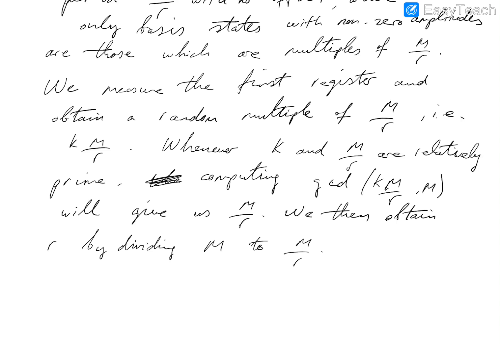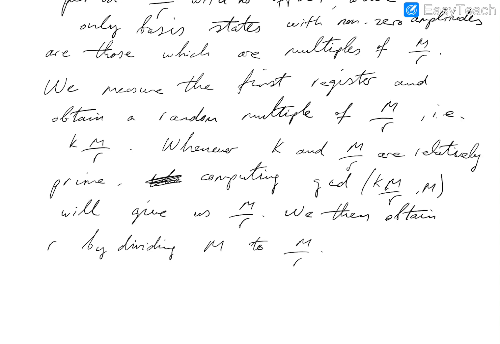All right, so this is just one repetition, one step. But we can amplify the success probability of finding r to get as close as possible to the desired value by repeating it a couple of times.